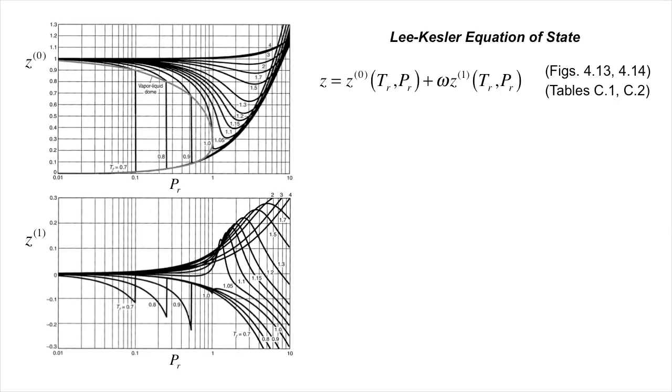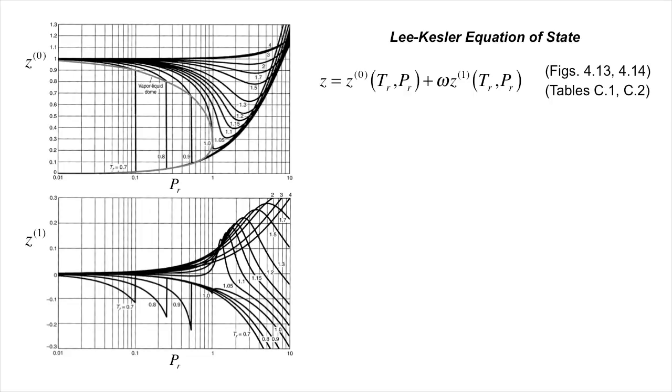A prominent example provided in our textbook is the Lee-Kessler equation of state, which is quite accurate for a wide array of substances, but involves solving about half a dozen simultaneous nonlinear algebraic equations. In fact, the author of our book does not provide details about the Lee-Kessler model or the equations involved. He just provides the solution and the tools to use it.